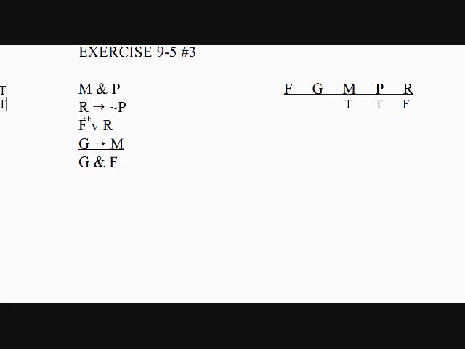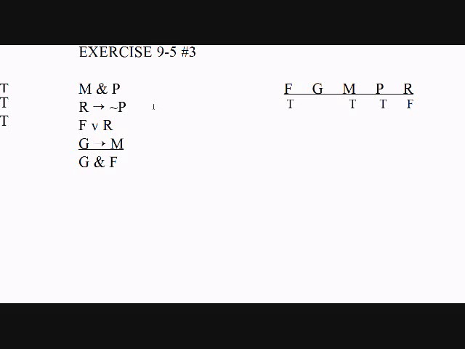Now let's move on. We've given R the value of false in order to allow that second premise to be true. R appears then in the next premise, F or R. Given that it's a disjunction, since R is false, the only way in which that disjunction could be true is if F is true.